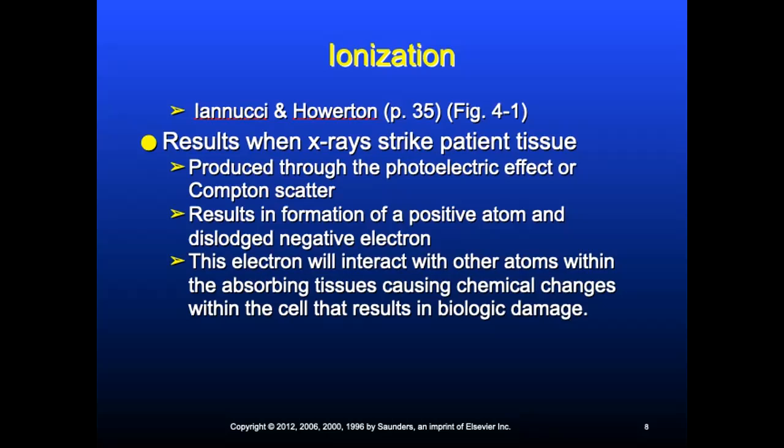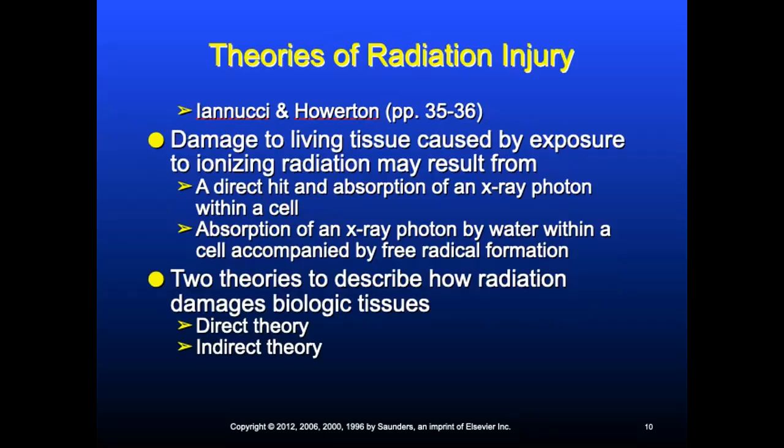So the theories of radiation injury are going to fall into 2 groups. One is the direct theory and one is the indirect theory. And those are going to be discussed on page 31 and 32. The direct theory is when cell damage results when ionizing radiation directly hits critical areas within the cell.